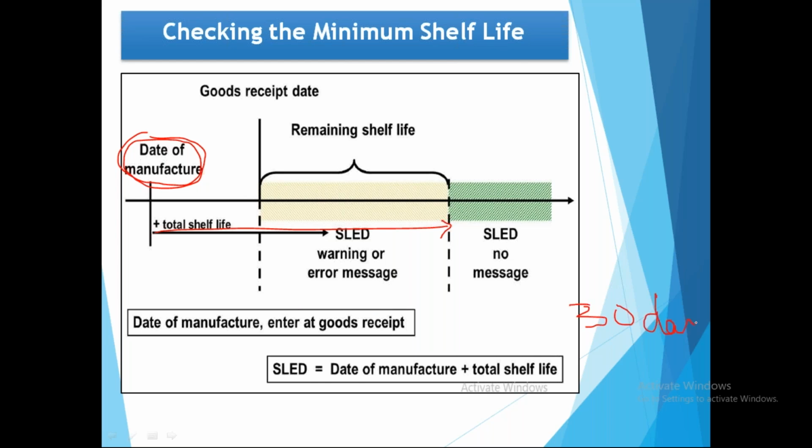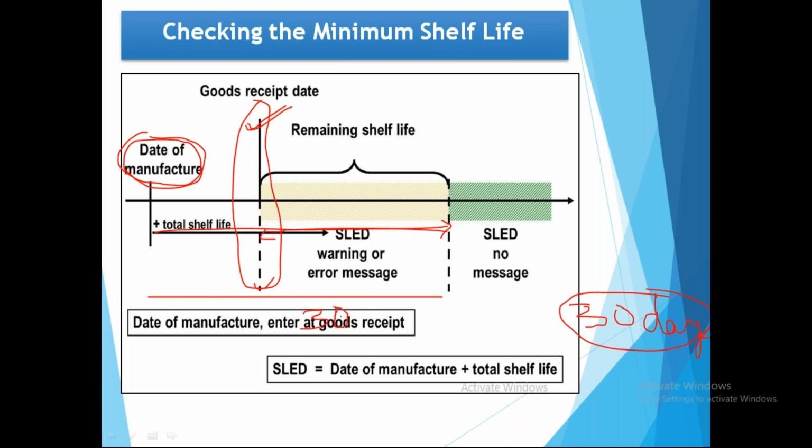That means after 30 days anyhow you are not going to use this. Now you are receiving this material into your plant on a particular date, and when you receive it, the system will check whether remaining shelf life is available or not.